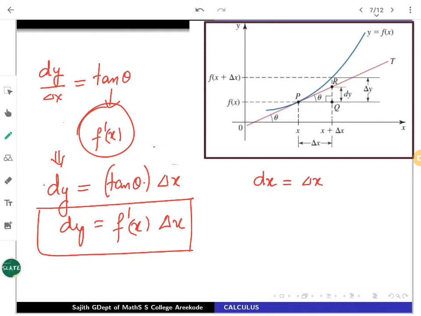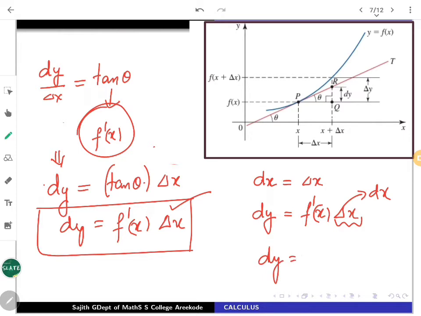This is what the differential of x means. But the differential of y, dy, we define through a formula, and it is not delta y. It is actually given by f dash x times delta x. What is this delta x? That is dx, by our definition. So dy is formally defined as f dash x dx.